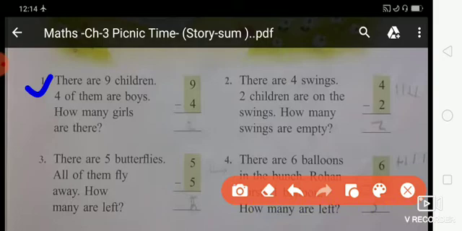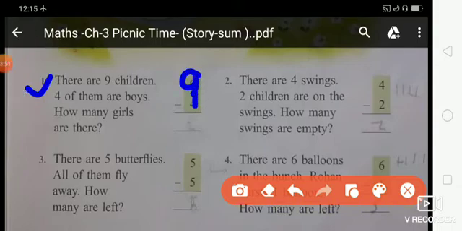So 4 children are boys and after that, how many girls? Let us find how many girls.